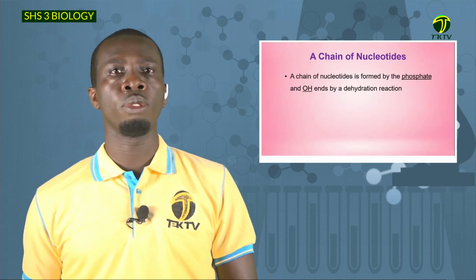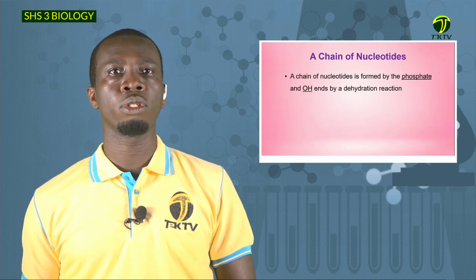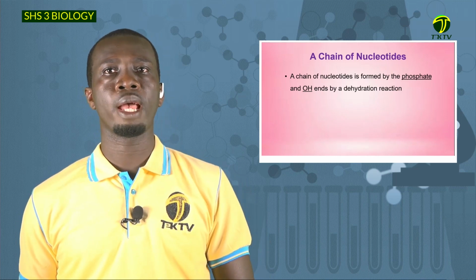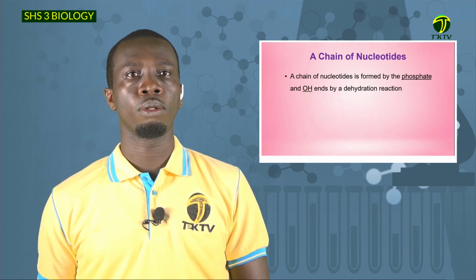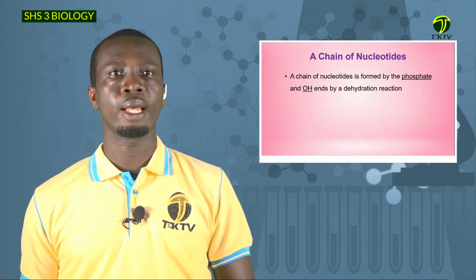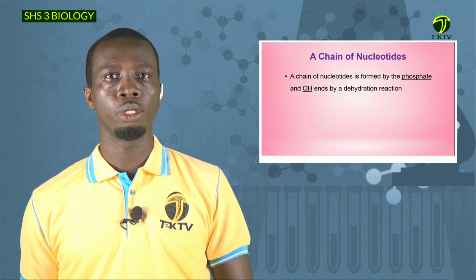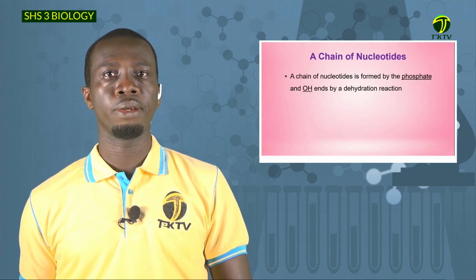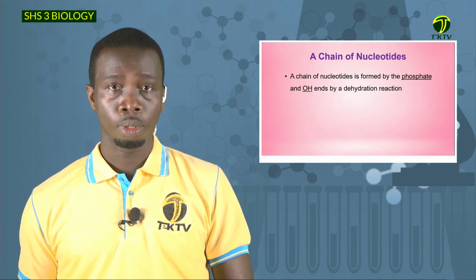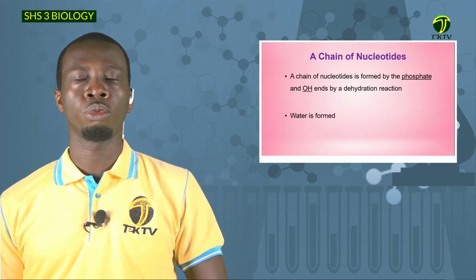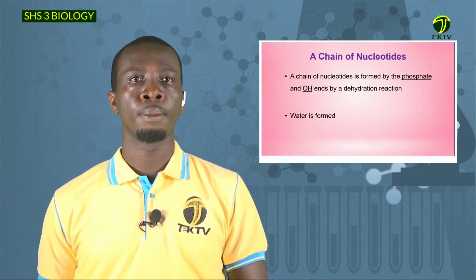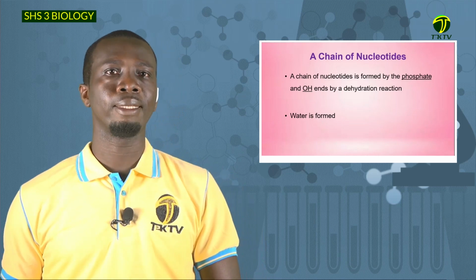And these bonds will be formed by a portion of the nucleotide where we have the phosphate, and a portion on the pentose sugar where we have the hydroxyl ion or the OH, by a dehydration reaction, which means that water will be formed as a result of the bonding between one nucleotide and the other.